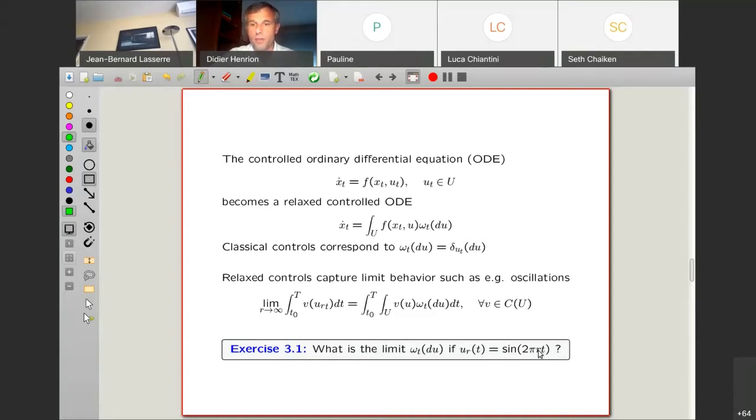So r is an integer, and you see this takes bounded value between -1 and 1, but the oscillation becomes faster and faster. We can still give a meaning to the limit via specific choice of omega t here. And so the exercise is asking, what is the choice?